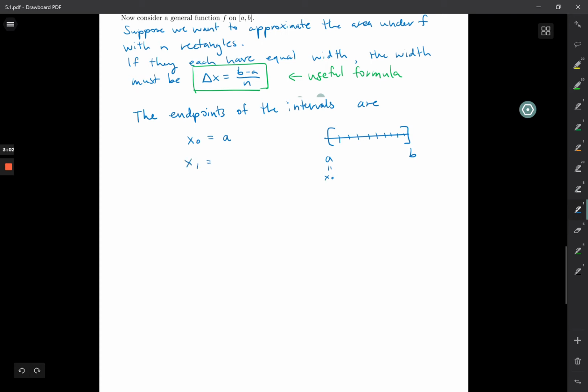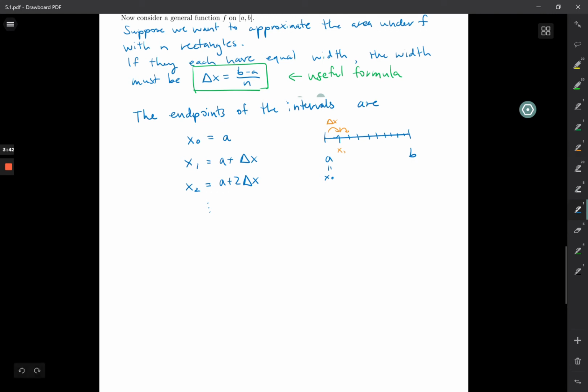For x1, we want to jump over by delta x, right? So x1 is equal to a plus delta x. To get to x2, we want to jump another delta x, so that's going to be a plus 2 times delta x, and so on. We would just keep doing this to get each of the endpoints.